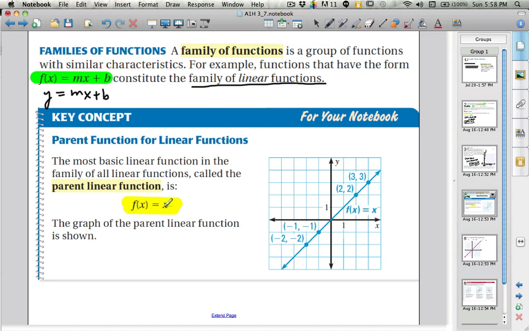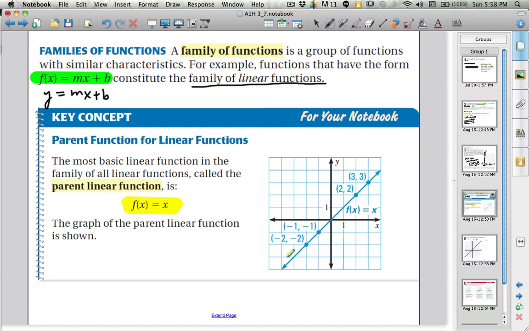And in this case, it's with a slope that's 1 and a y-intercept that is 0. Okay, so you'll notice that this is also very similar to the direct variation model. In fact, direct variation models are all part of this family of linear functions, if the variation is a linear variation.